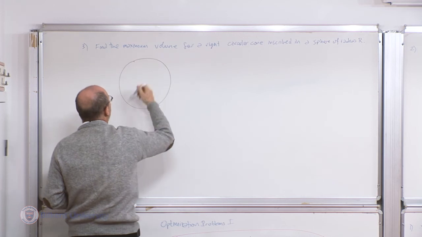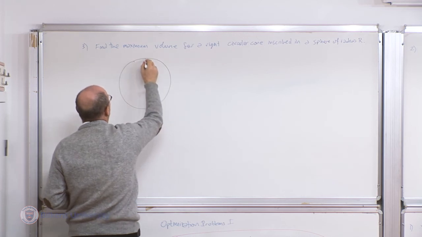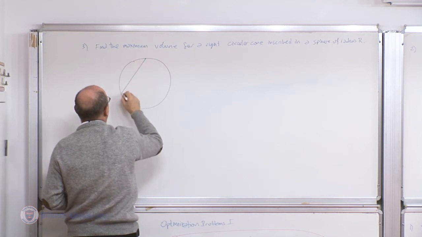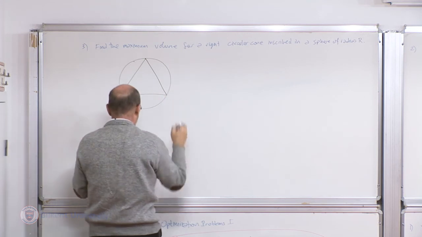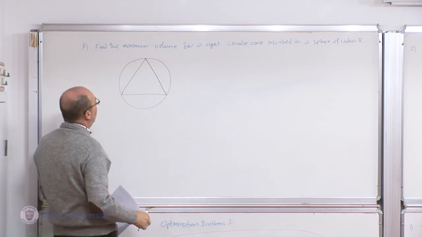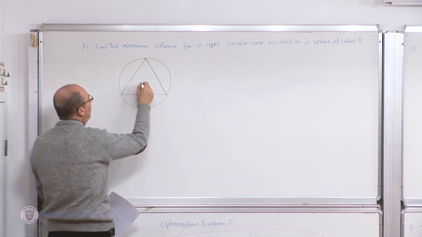This is the plane and this is the North Pole. We choose the North Pole as the tip of the cone. And the cone is something like this.